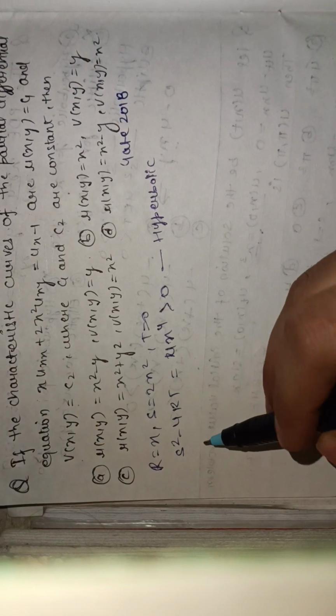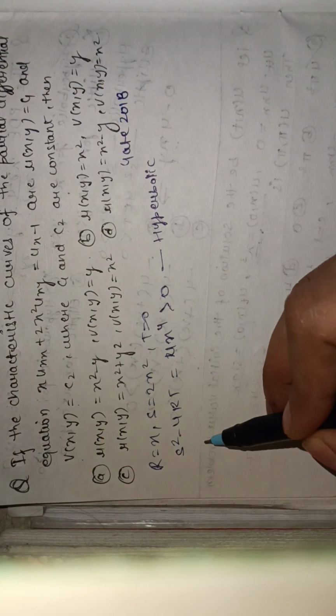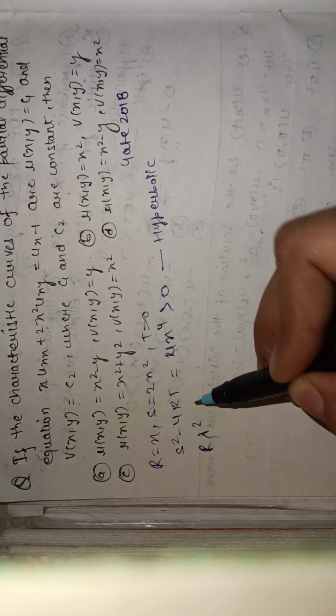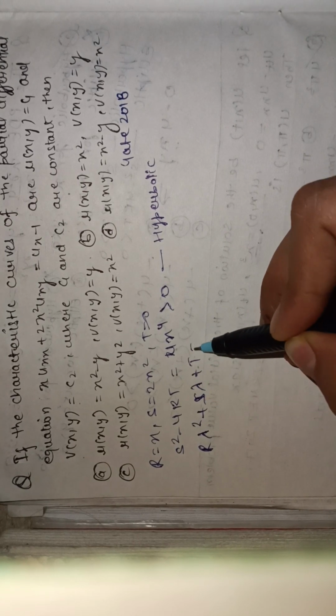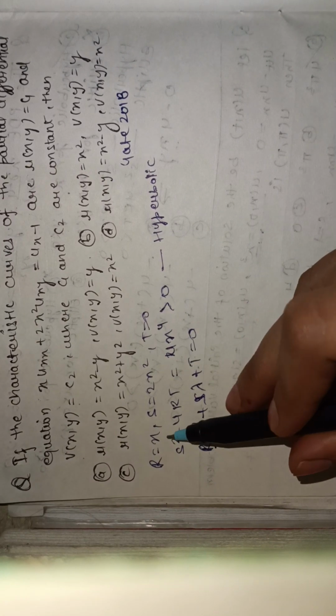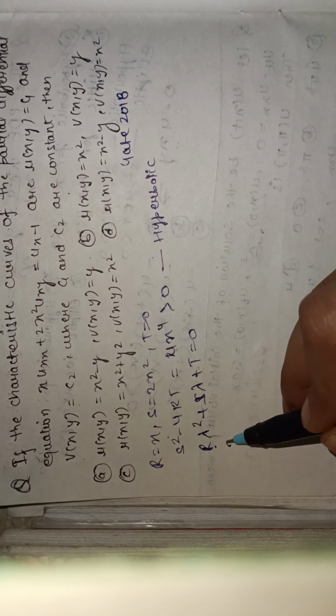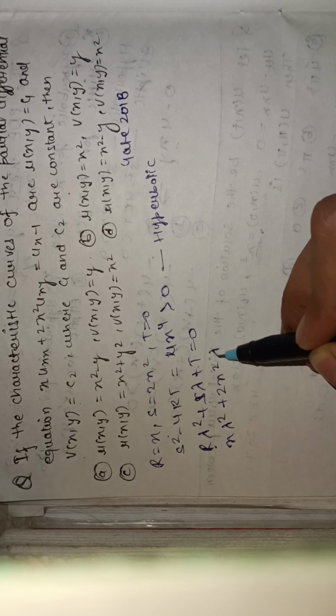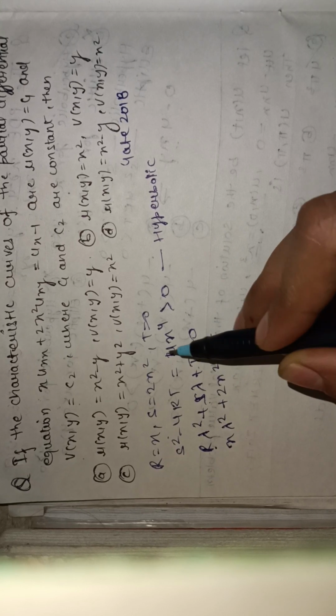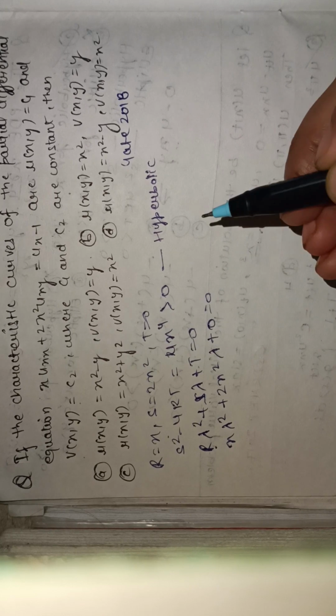For finding the real characteristic curves, we construct the polynomial equation: r lambda square plus s lambda plus t is equal to 0. Here r is x, s is 2x square, so x lambda square plus 2x square lambda plus t is equal to 0, where t is 0.